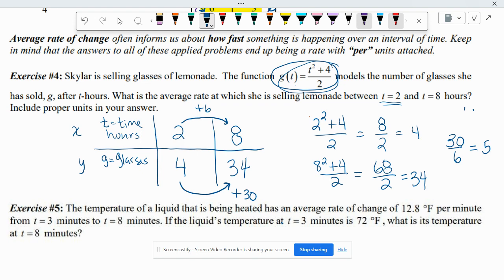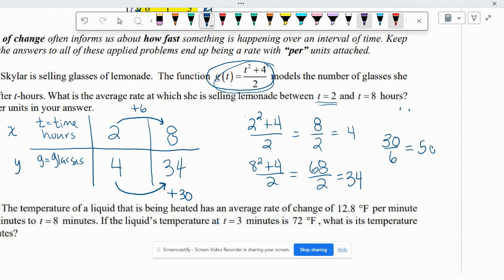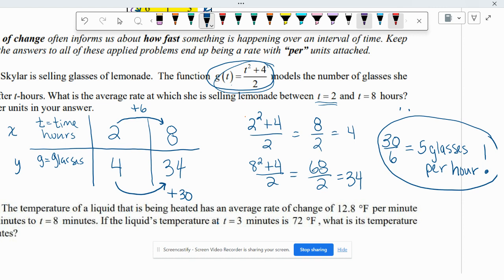Now remember, it says we need to write it as per. So we're selling 5 glasses of lemonade, and my time is per hour. That's no different than doing y2 minus y1. I just want to show you that sometimes it's easier to see it from a table, less math. Okay.